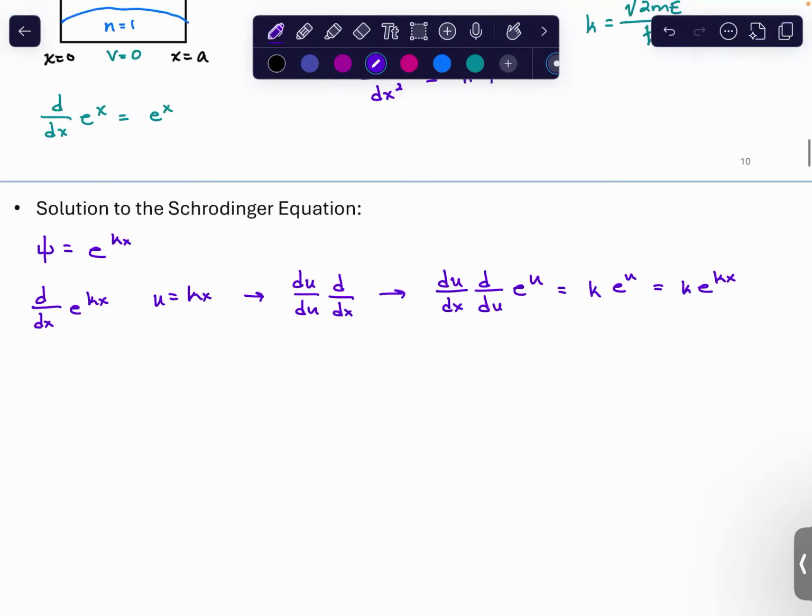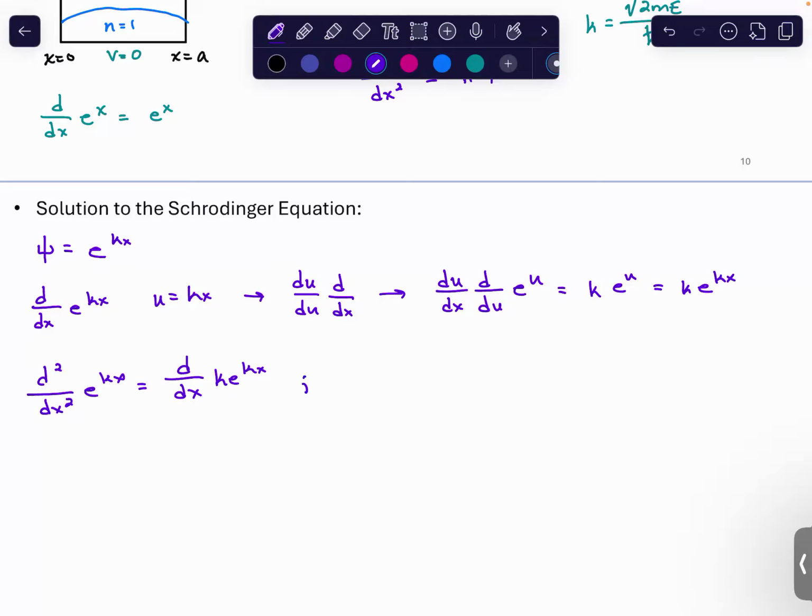So now my second derivative is going to be this, because that solution there is the first derivative.